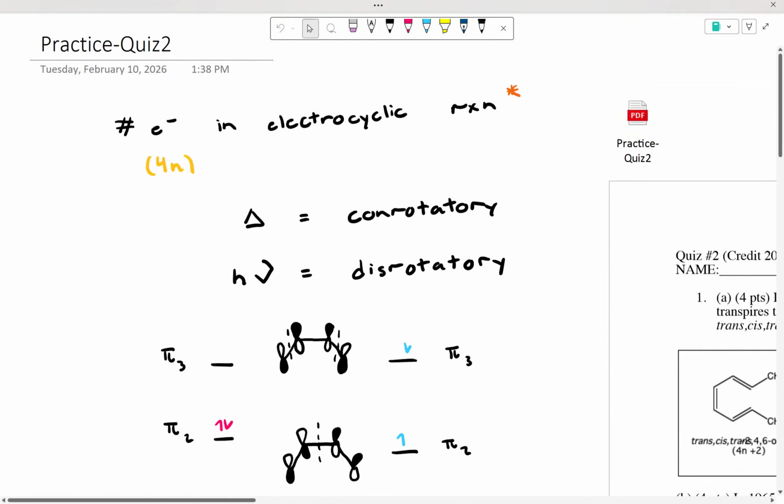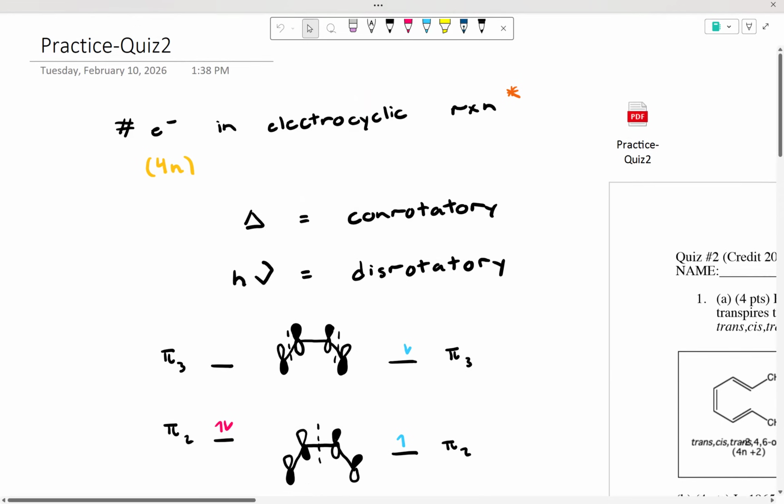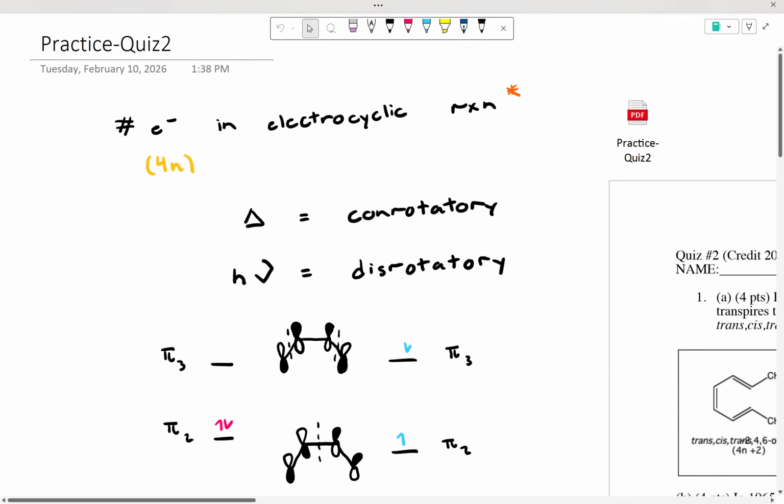But we're going to start with thinking about how many electrons can exist in the pi system of the electrocyclic reaction. And your answer is either 4n or 4n plus 2 electrons. The way you count that is you count how many pi bonds there are.